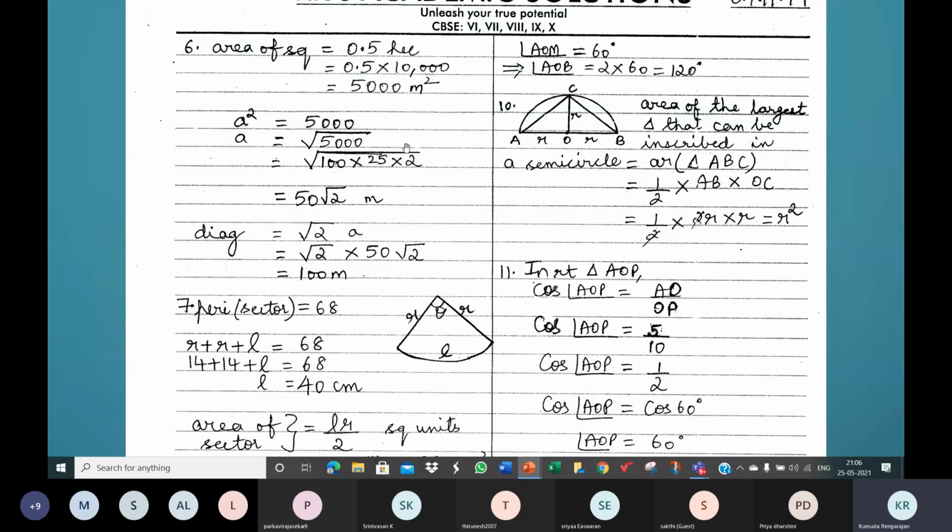Yes, you're right. Two congruent triangles. You can do that, Pythagoras theorem. All right, children. So this is what it is. Area of square is 5,000, and then I have here found the side and then the diagonal. Diagonal is root 2 a.